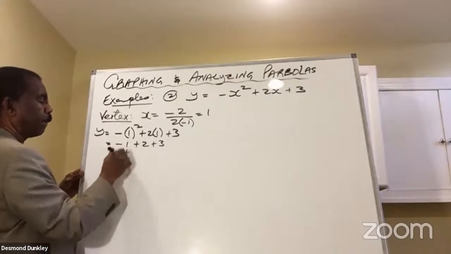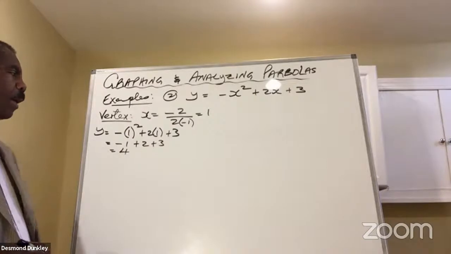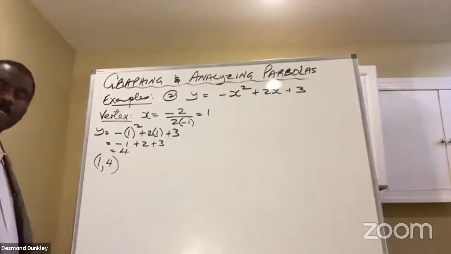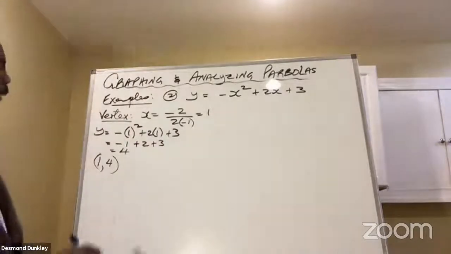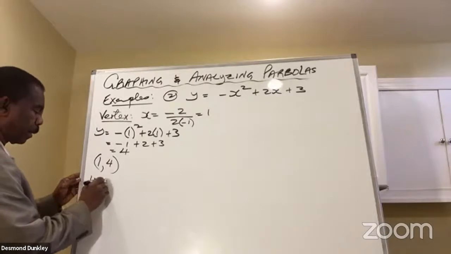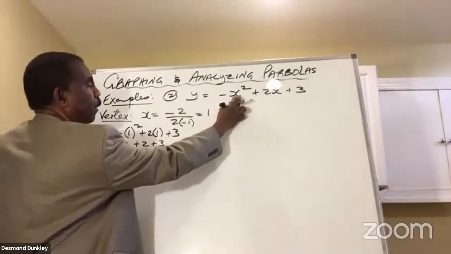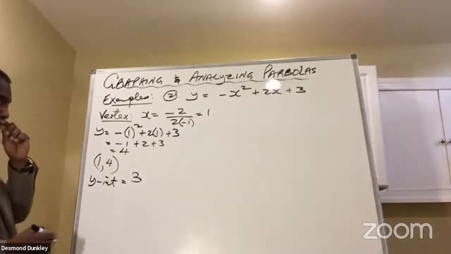So that gives me 4. So therefore, our vertex is the point 1, 4. 1, comma 4. That's our vertex. What is the y-intercept? The y-intercept is going to be, when x is 0, the y-intercept will have to be 3.